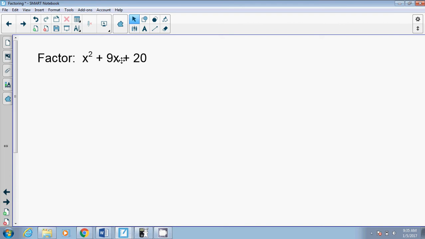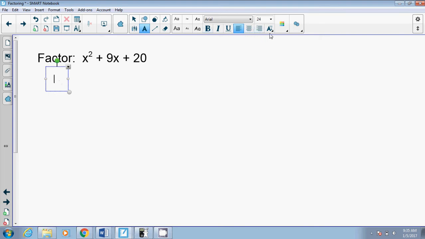So we identify the a, b, and c first. So a is the number in front of the squared term. So what number is in front of the squared term here? Again, there's technically nothing written, but we imply that it is a 1. Just like we don't put a 1 in front of the x, we don't put a 1 in front of the x squared.